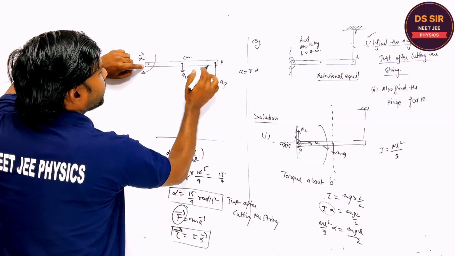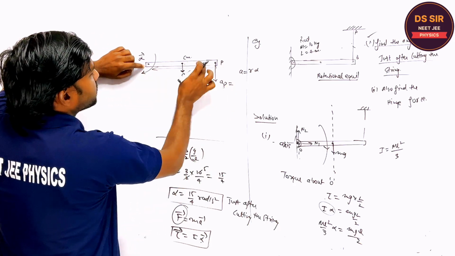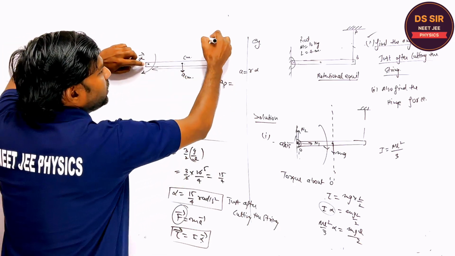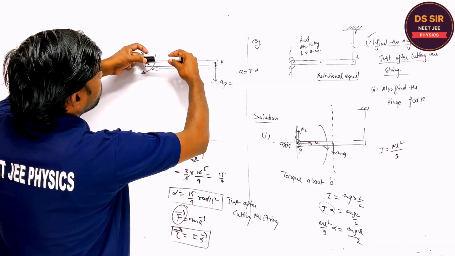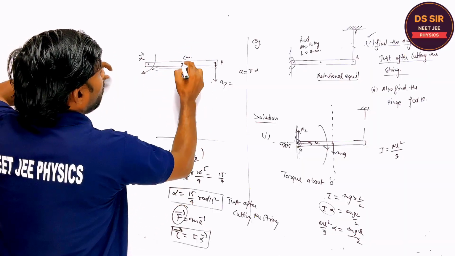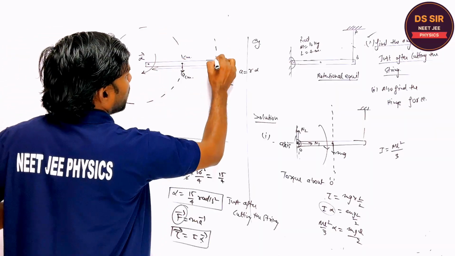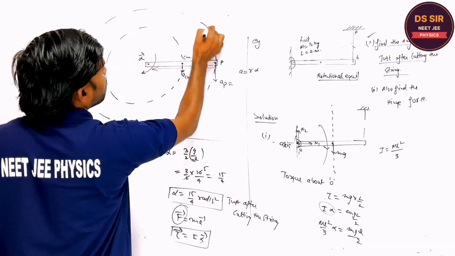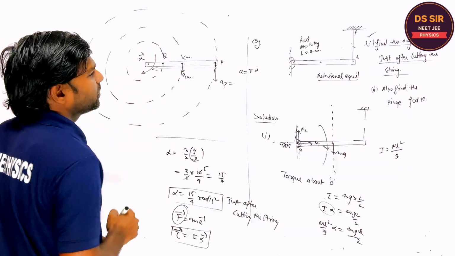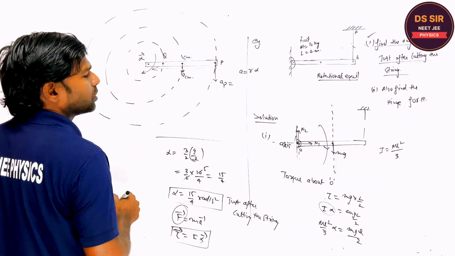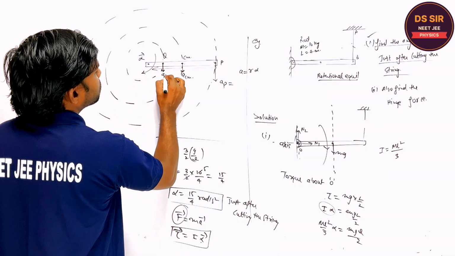The rod is rotating about this axis of rotation, so all the points will perform circular motion about this axis. Suppose this is point Q, it is also performing circular motion, so its acceleration will be aQ.